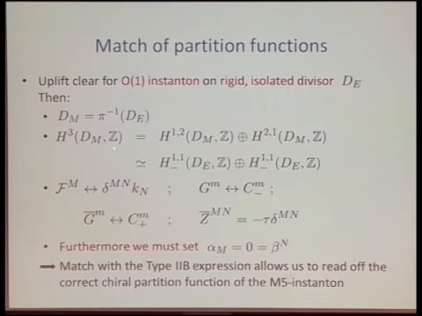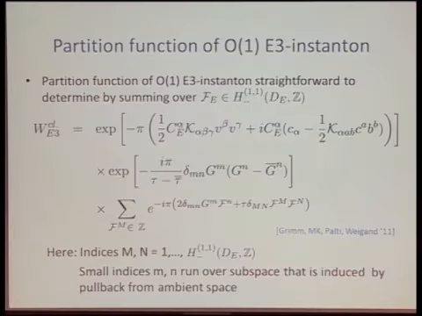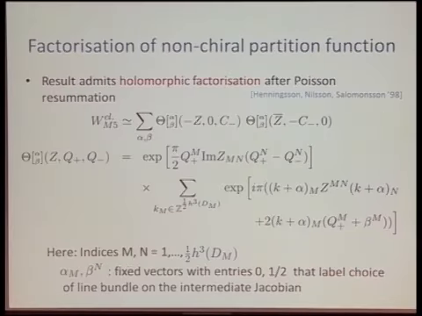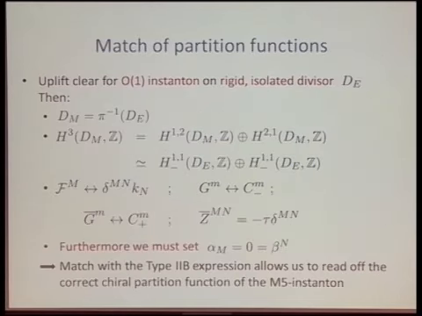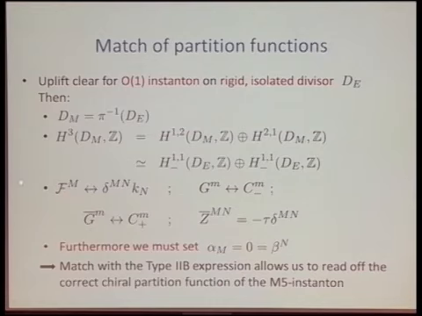Then the cohomology groups of the divisors are related in a very simple way, namely the third cohomology group of the divisor on the M-theory or F-theory side is simply twice H11 minus. So in other words, these vectors that are summed over in these two expressions on the M-theory side and on the type 2B side are vectors of the same dimension. And this means that we can directly match these partition functions with these straightforward identifications.